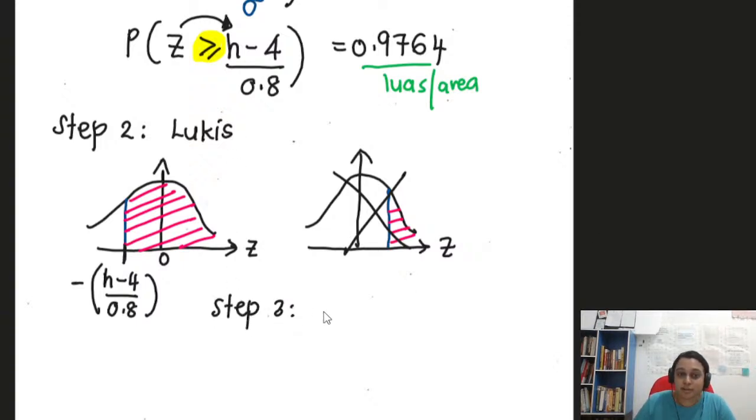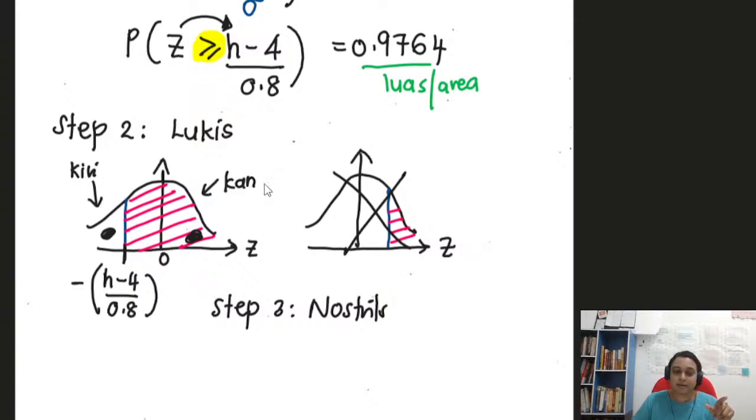Step 3, draw the nostrils. Lukis lubang. Okay, jom lukis both sides. Left satu, right satu. Okay, which lubang we must choose? Which nostril kena pilih? Yang sebelah kiri, the left hand side, or the sebelah kanan one? Kiri or kanan, left or right? Which nostrils we must choose? Step 3, must see the lubang hidung.